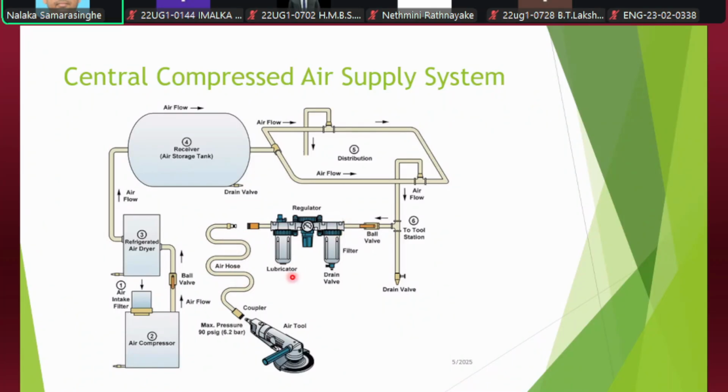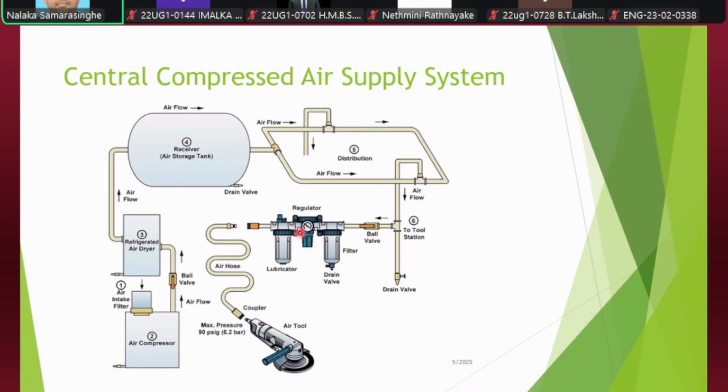Usually at that point, there is an FRL unit. FRL means filter regulator lubricator unit. Here this is a filter, and we have a pressure regulator here. Usually the line pressure is about 6 bar, so with this regulator you can reduce the pressure to the required level.